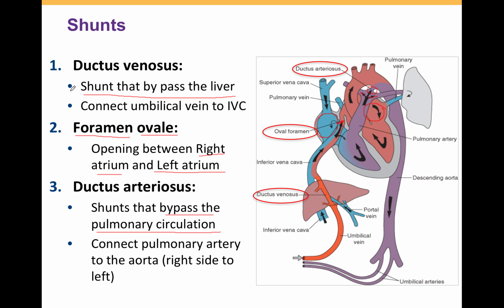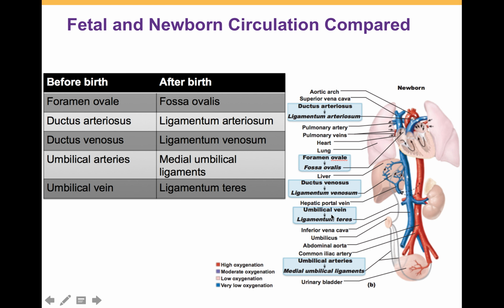The ductus venosus connects the blood that is coming from the mother through the umbilical vein directly into the inferior vena cava, or IVC. So here is the umbilical vein in red. What you see in blue is the inferior vena cava. You merge them together and you bypass the liver. So the liver is basically not doing any of those functions.